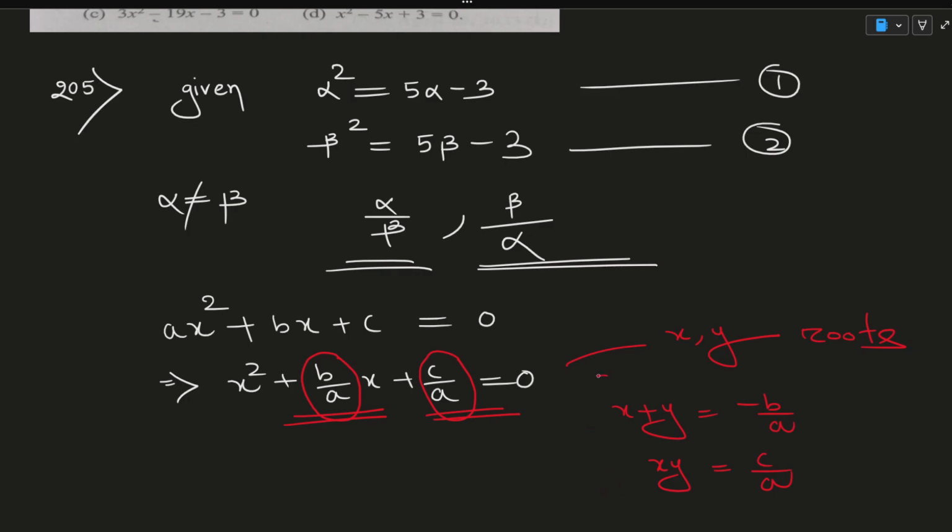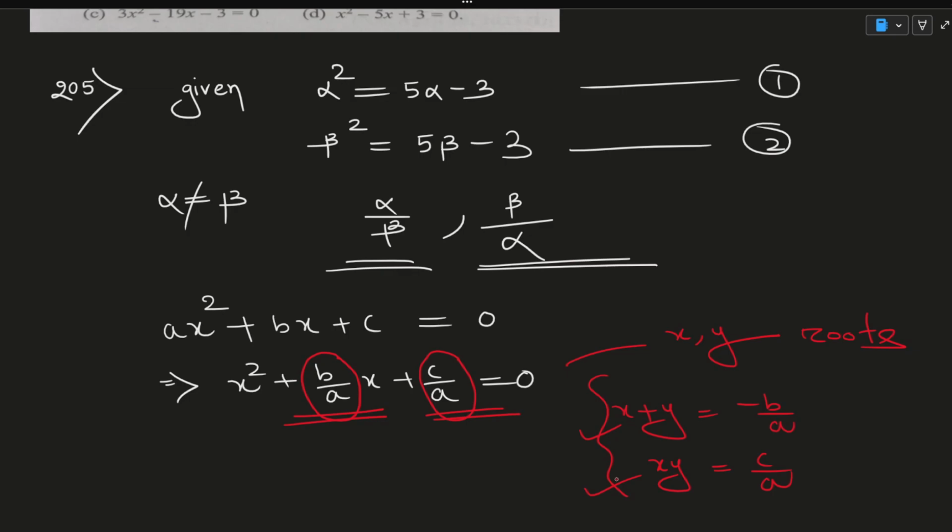So in order to write a quadratic equation we need two pieces of information, that is what will be the sum of the two roots and what will be the product of the two roots. If we have these two, then we will be able to write the quadratic equation.